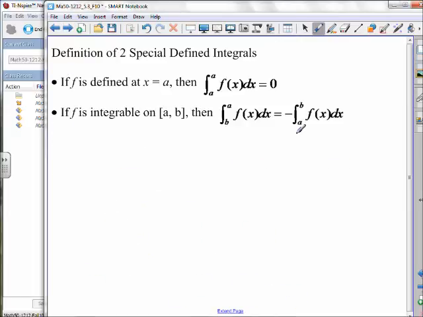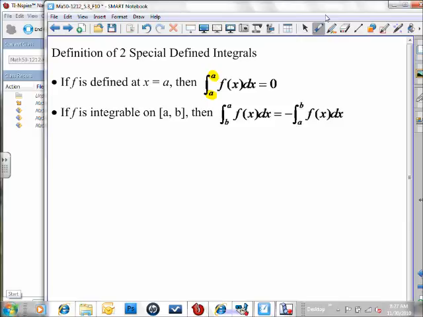These should not come as too much of a surprise, but let's just go through them. If the function is defined at a value x equals a, then the integration, now you have to take a look. If you can't see this, let me just highlight. That goes from a to a.